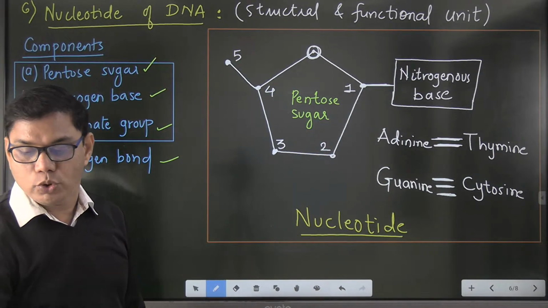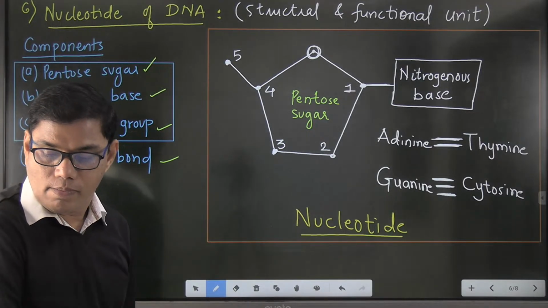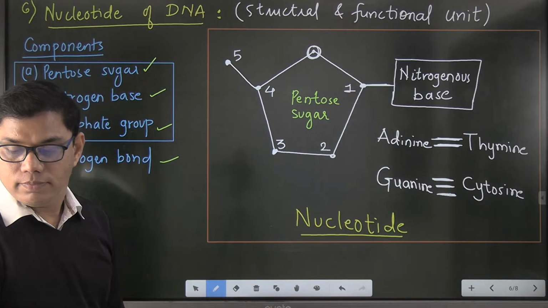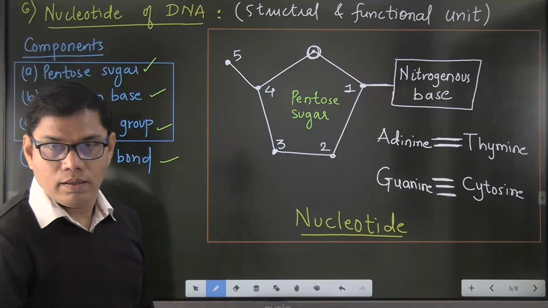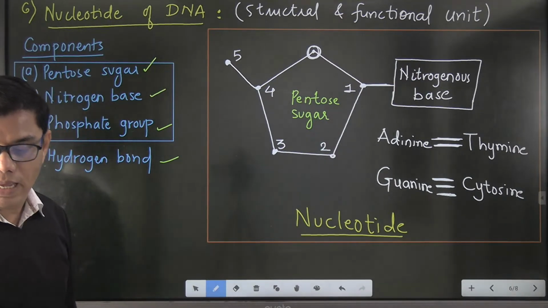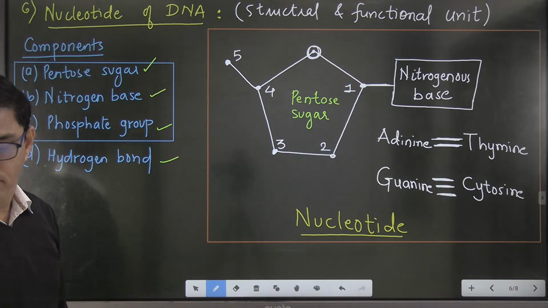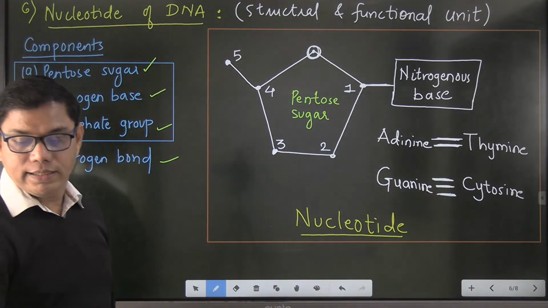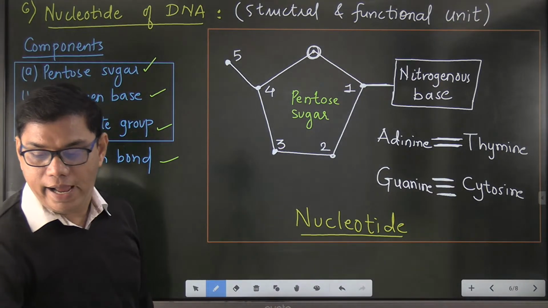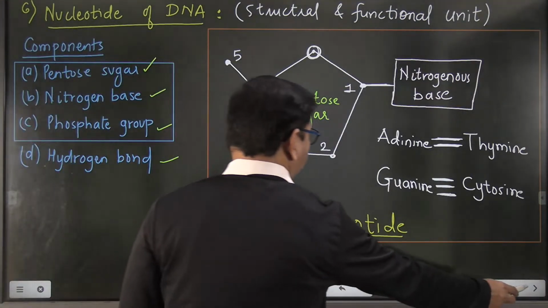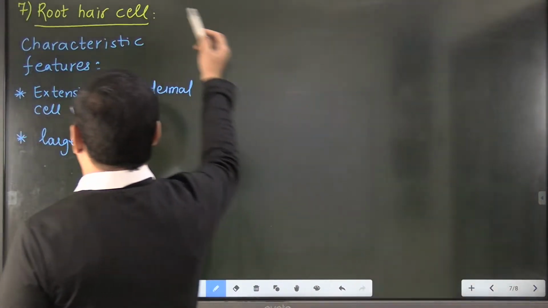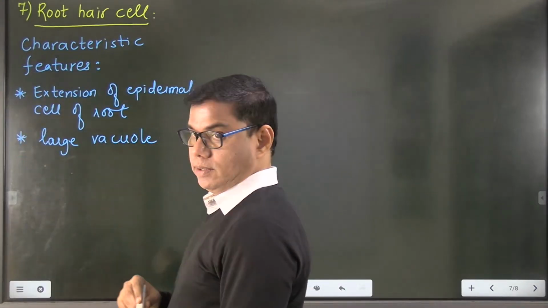What is the diagram? Stoma? No. Which one is the next diagram? The chapter is absorption by root. Yes, the next diagram is root hair.